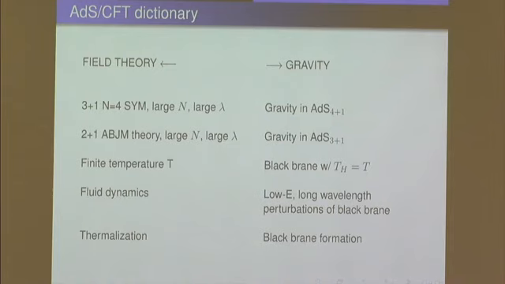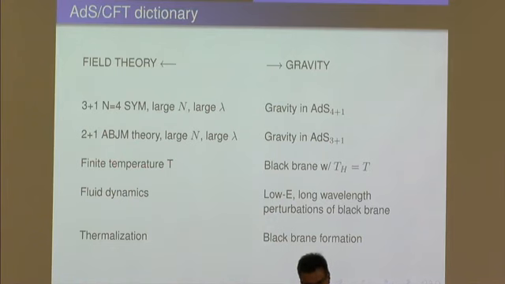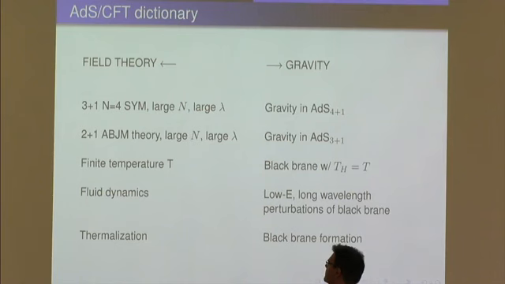But then if you start with something highly off equilibrium and the system thermalizes, then you must start with something which undergoes a gravitational collapse and forms a black brane. But here you are not interested in ABJM. I'm not interested in the details of ABJM, so the details of the theory don't matter. So I will just study some 2+1 plasma using this side.